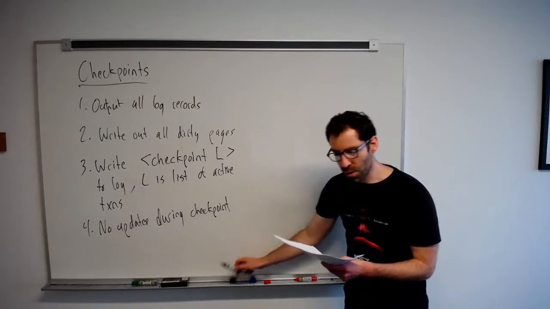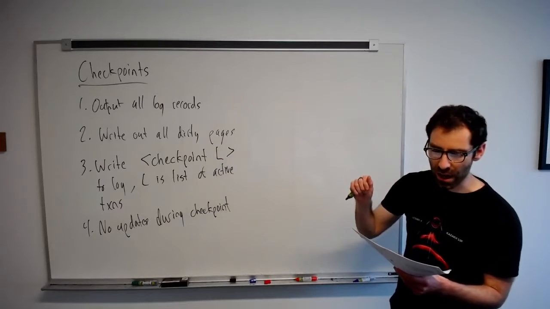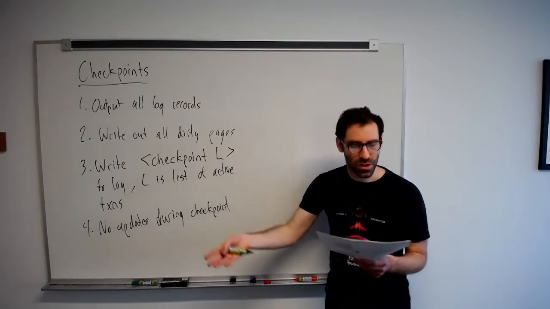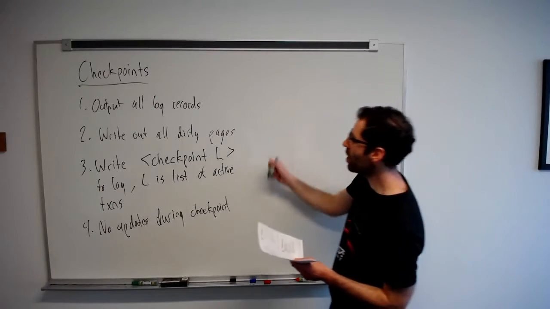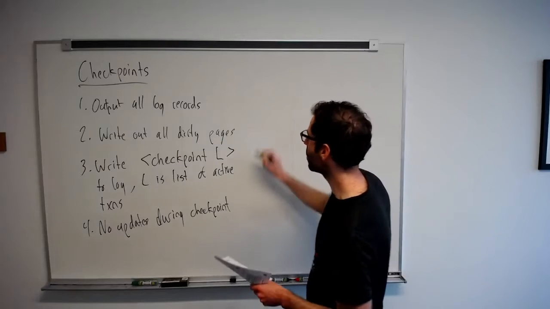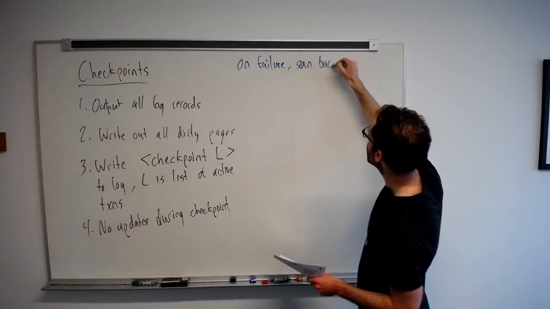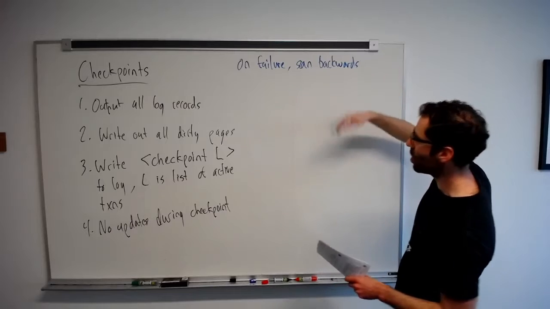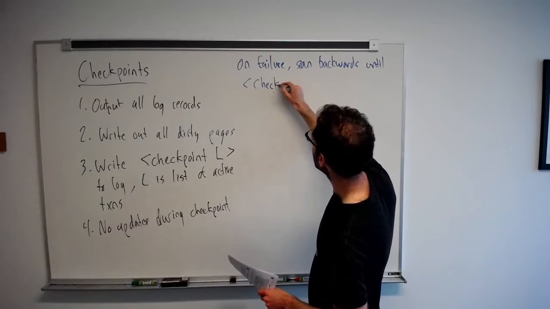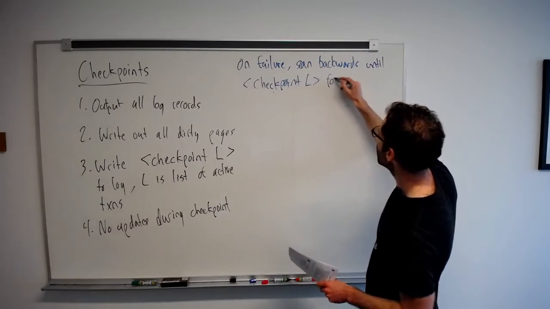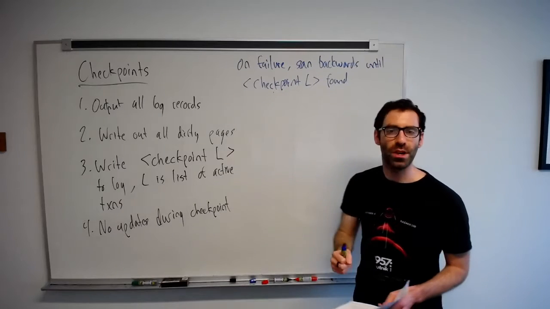All right, so a little more about checkpoints. This list L, as I said, is going to tell us the transactions that were currently running at the time of the checkpoint, and when we have a failure, we're going to scan the log backwards, starting at the most recent record, until we find a checkpoint record.